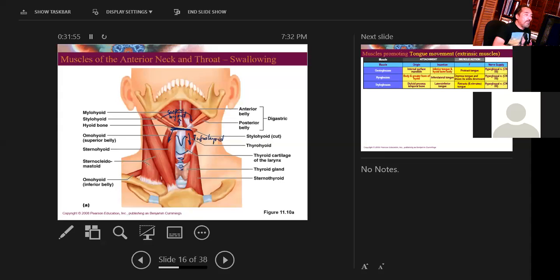So what are the muscles that can be visibly seen here at the neck? The first obvious muscle is going to be the sternocleidomastoid muscle. That tells you that this muscle originates at the sternum and the clavicle. That's where it originates, at the clavicle and at the sternum.